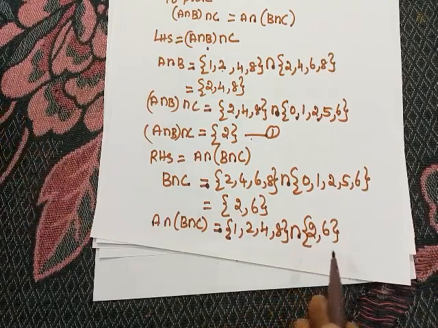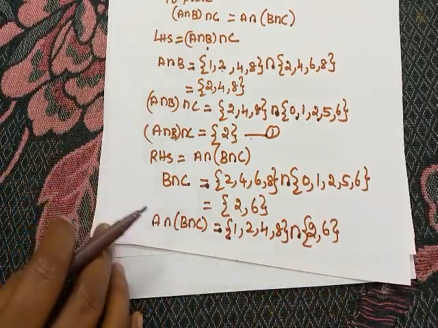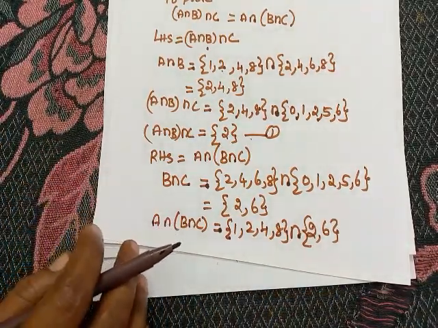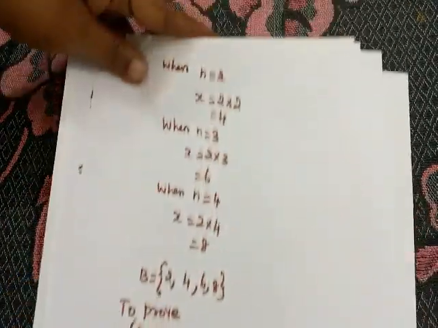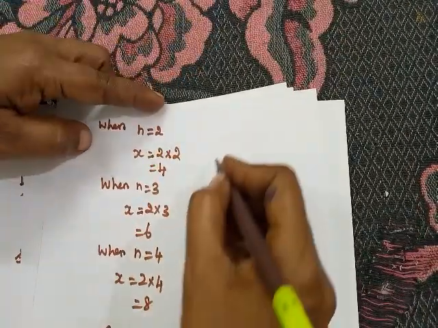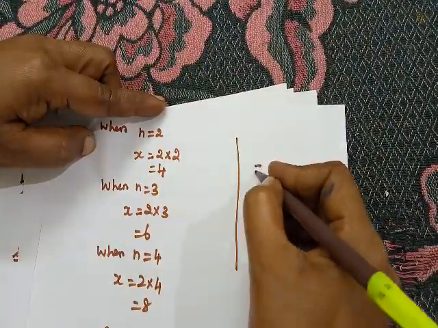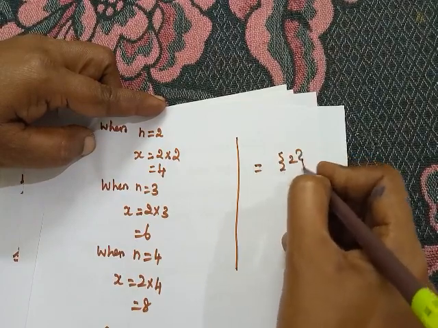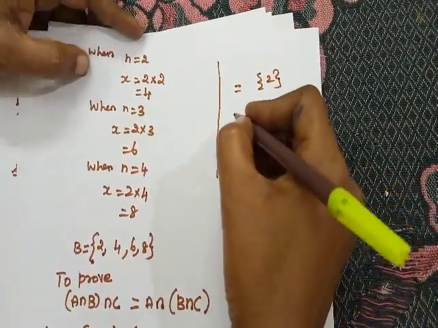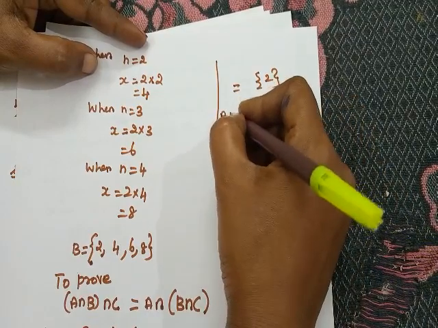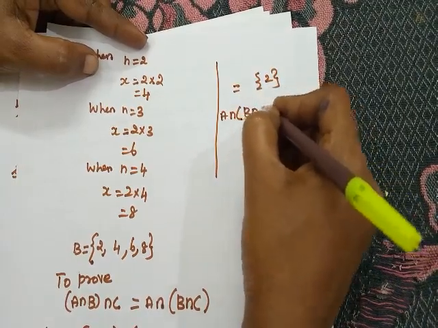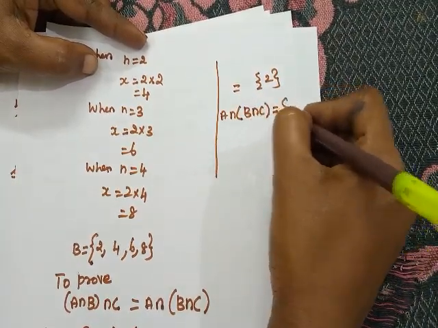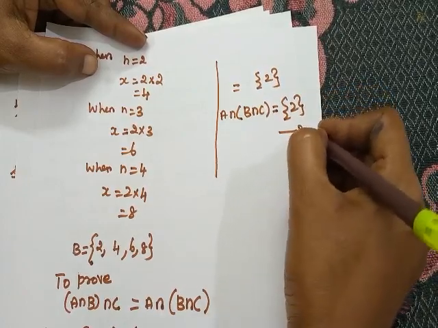Only 2 is the common. So let's write the element 2 alone. So A intersection, bracket, B intersection C is equal to only 2. It is equation number 2.